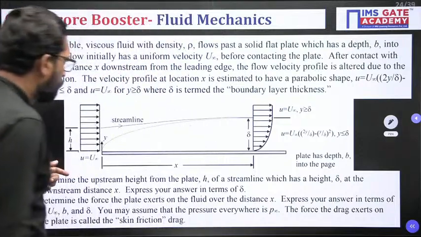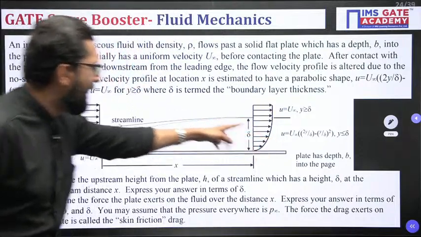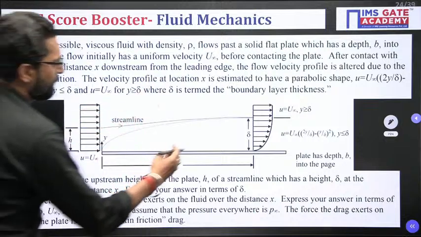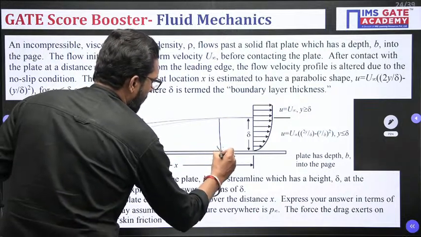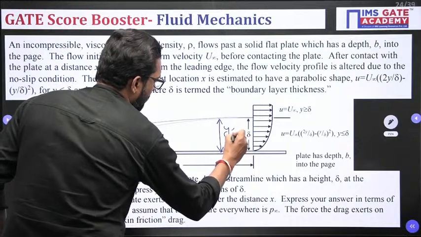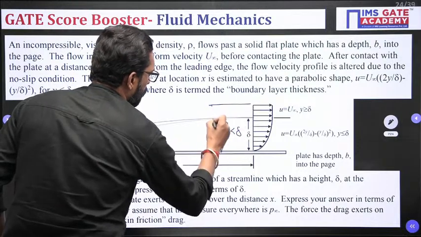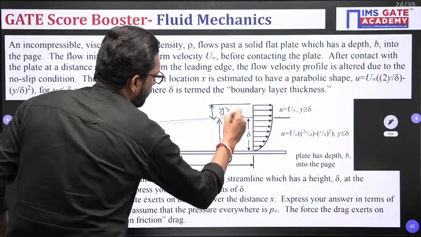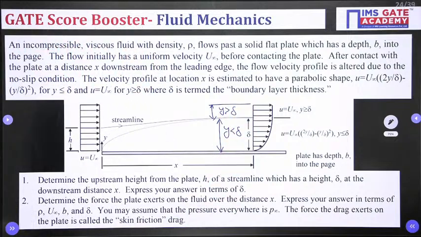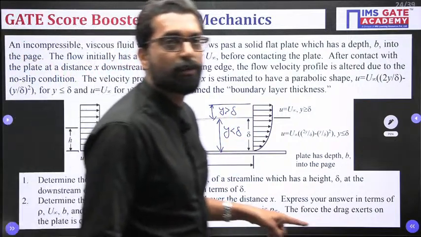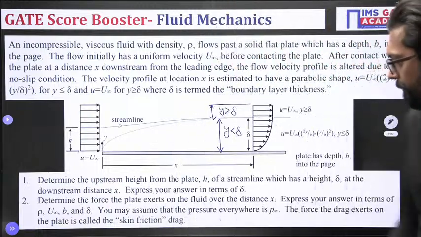Now, there are two zones. One is y less than delta, and the other is y greater than delta. And y equal to delta is called the edge of the boundary layer.